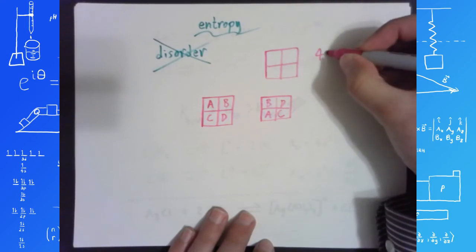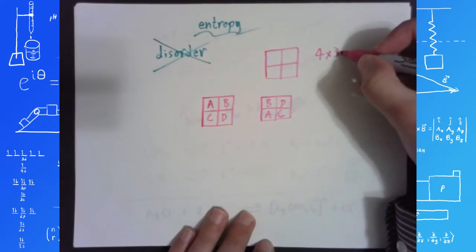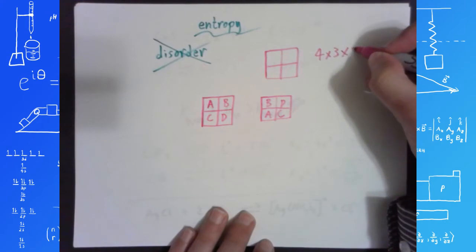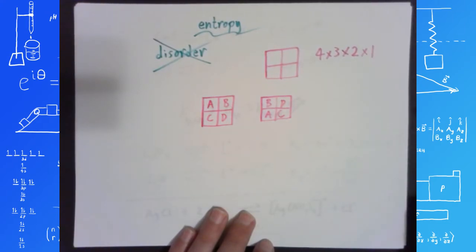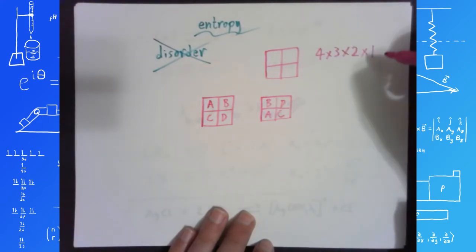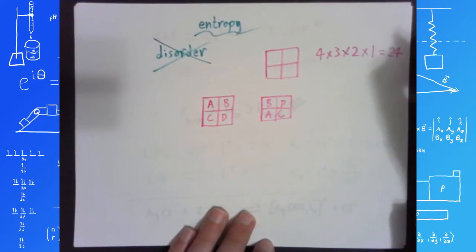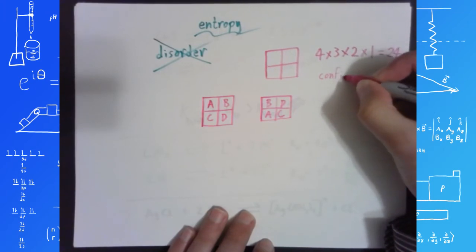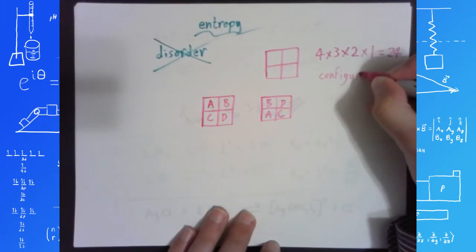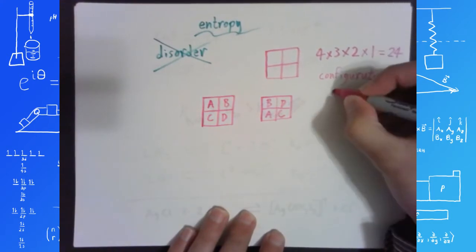Then after placing particle A, you have 3 possible places to place particle B. Then after placing particle B, there's 2 spaces left where you could place particle C, and then there's 1 space left for particle D. So that's 4 by 3 by 2 by 1. That's a total of 24 possible arrangements, 24 possible configurations or states.